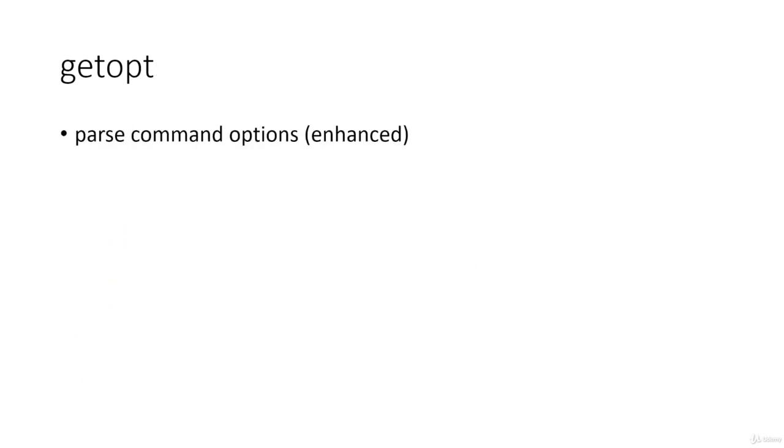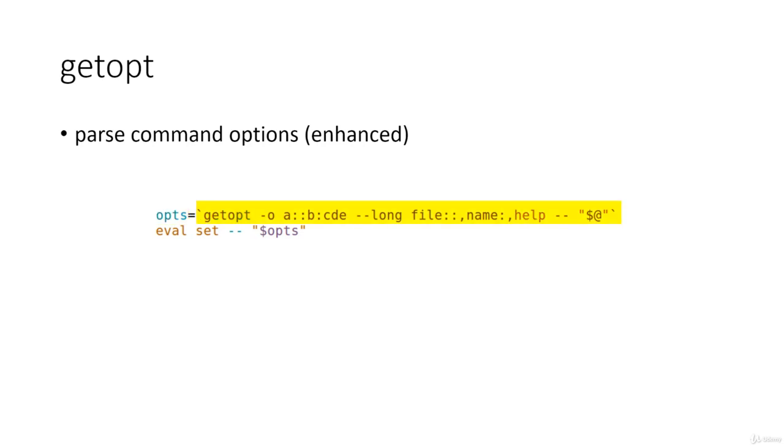Now let's talk about Getopt. It is a more advanced tool, and this is how it looks. In our script we are saving into some variable, in my case the variable opts, the output of the Getopt command. If we want to have short parameters in our script, we specify them after -o, and if we want to use long parameters, we specify them after the parameter --long.